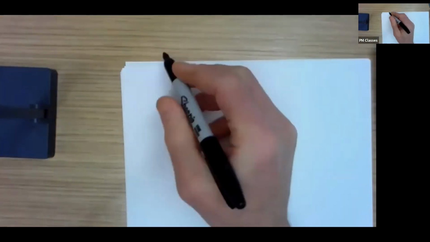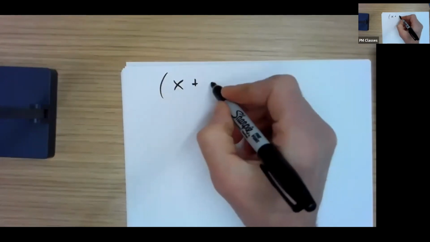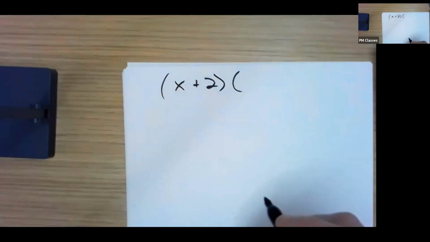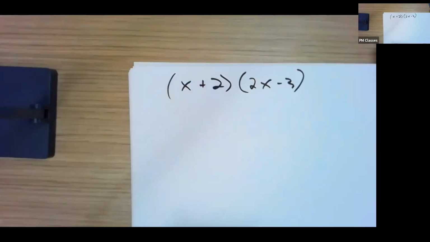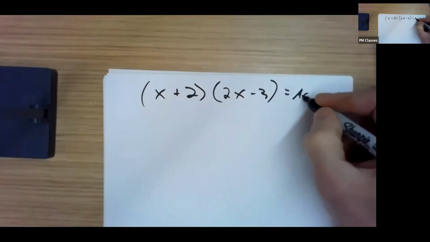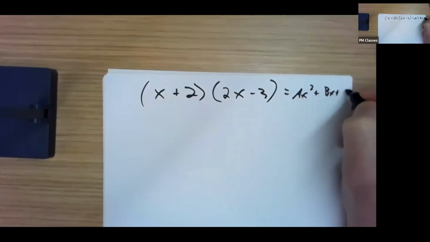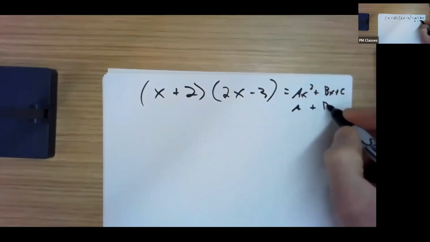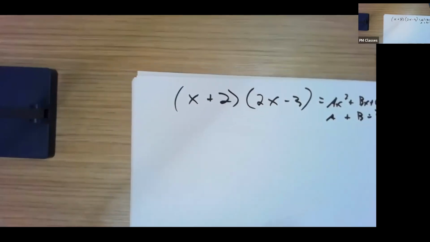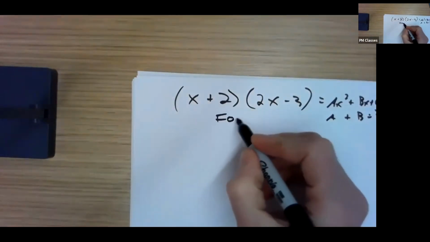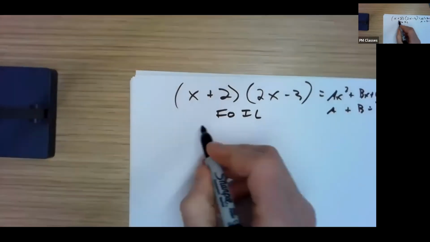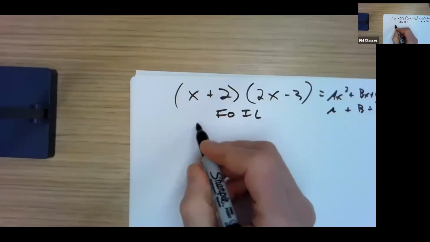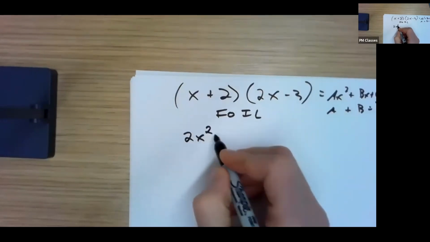You can certainly get problems that ask you, and we'll start with this and we'll end with a really mean version of this at the end. So I might have to do something like that, and they ask you, if you have ax squared plus bx plus c, ask what a plus b equals. So what do we do? We FOIL that, and people may know that term, which stands for first, outer, inner, last, right? So first term's x times 2x, again, is not 2x or 3x, it's 2x squared.